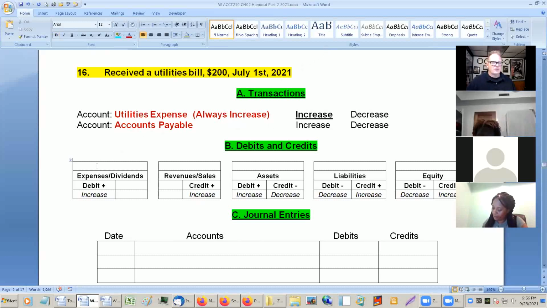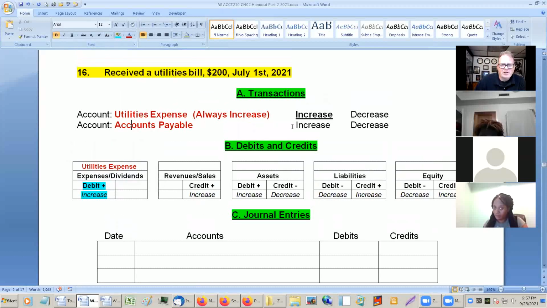So utilities expense is always a debit. Whenever you run into an expense, you have your journal entry. Whatever's on the other side, this accounts payable, is going to be a credit.